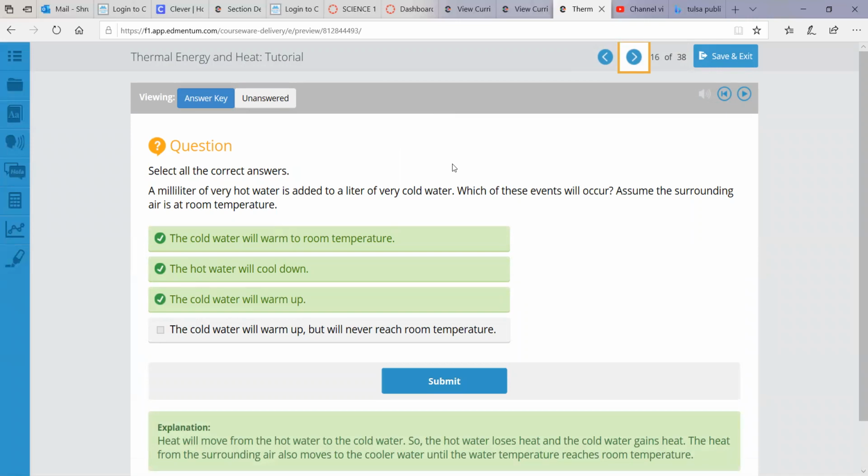A milliliter of very hot water is added to a liter of very cold water. Which of these events will occur? So the cold water will warm to room temperature. The hot water will cool down. The cold water will warm up.